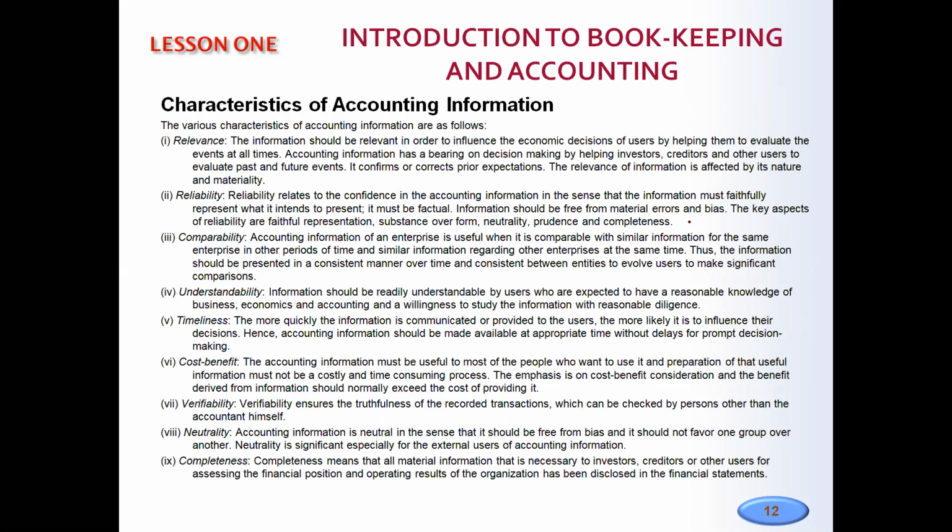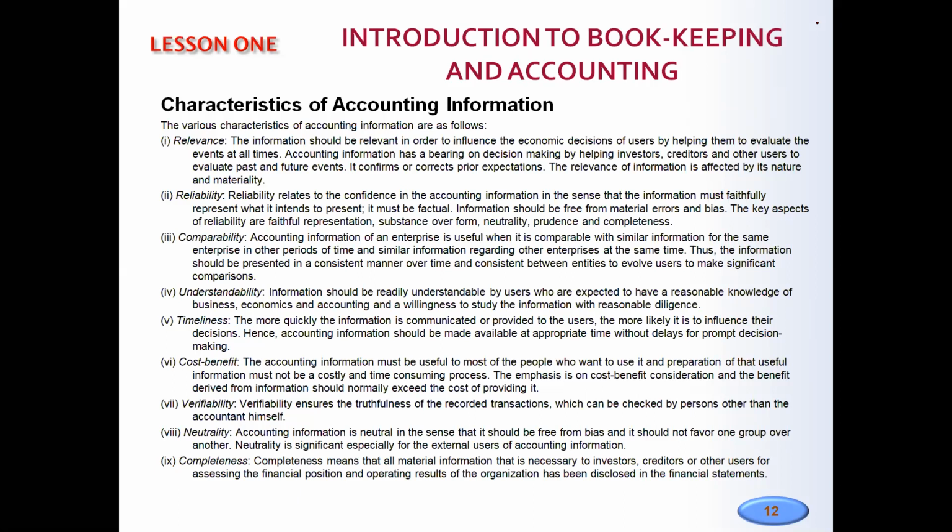Okay. Quickly, let's look at characteristics of accounting information. The various characteristics are as follows. Number one, relevance. Like we said earlier, there are so many users of accounting information. So when you are providing accounting information to a user, you must bear in mind the specific information that user is looking for.